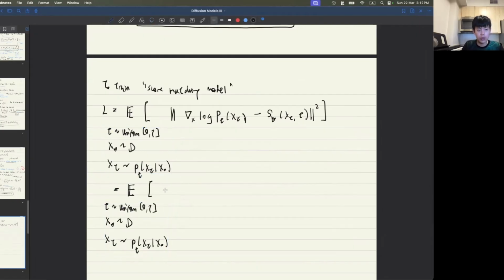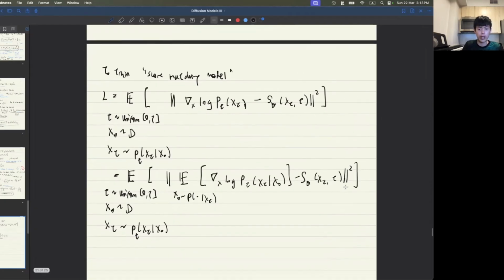This is equal to, we don't know the true score, but we have expressed it in the form of a posterior expectation over the conditional score, which is something that is easier to compute. So this is going to be the posterior expectation of the conditional score minus our prediction of the actual score, squared.